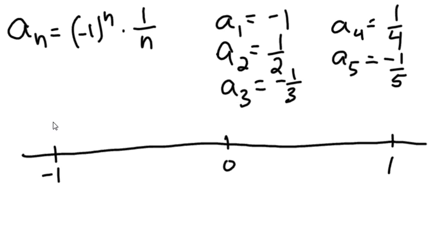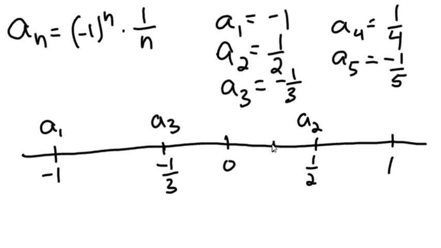Okay, -1 is a sub 1. 1/2 is a sub 2. A sub 3 is -1/3. Well, it's about right here. We're back on the negative side of the number line. A sub 4 is 1/4.